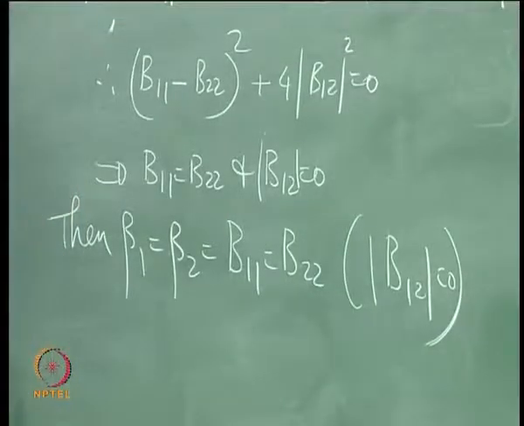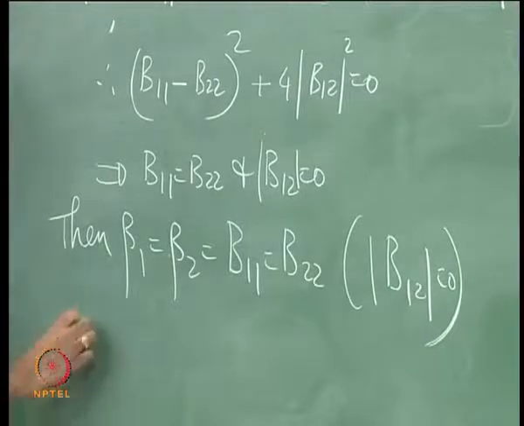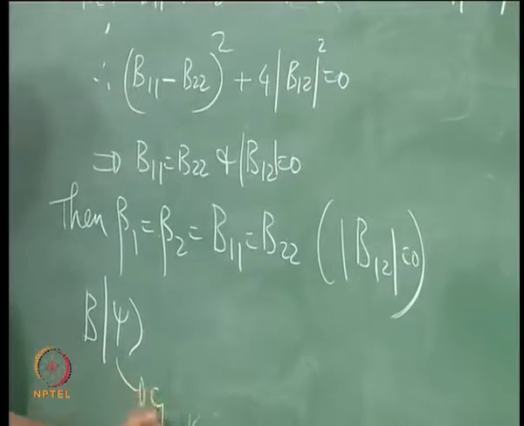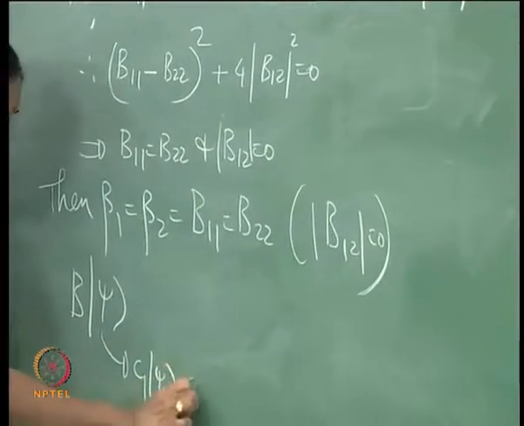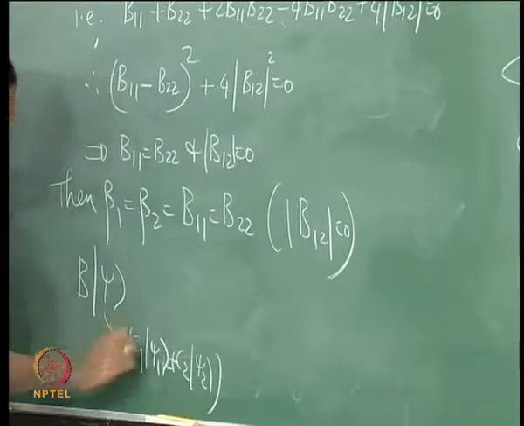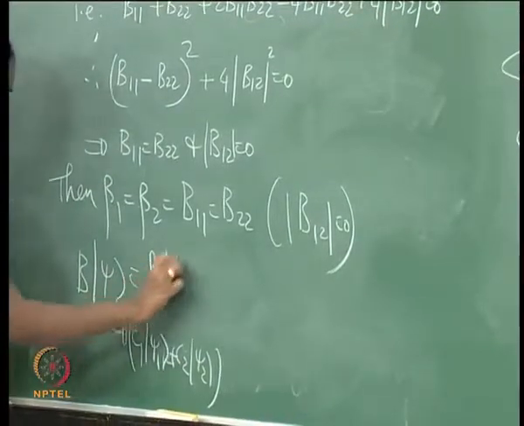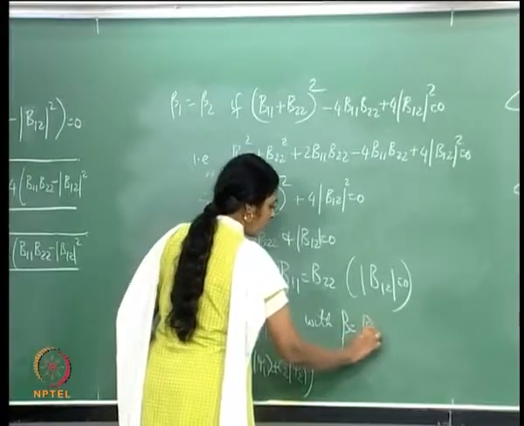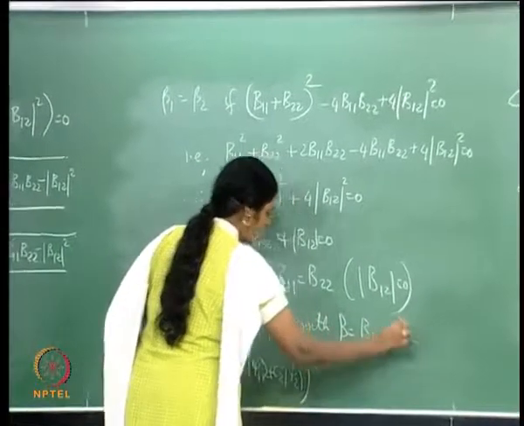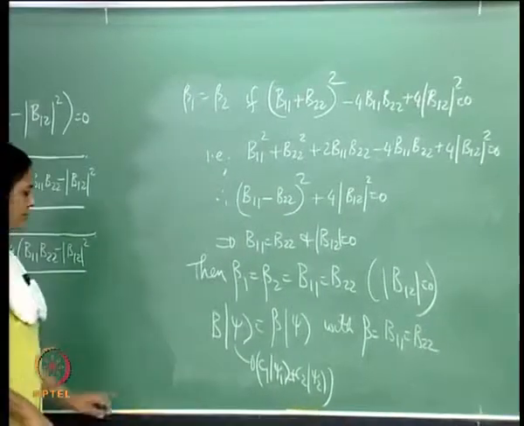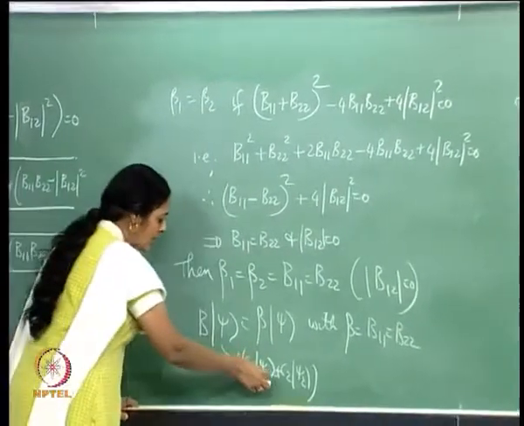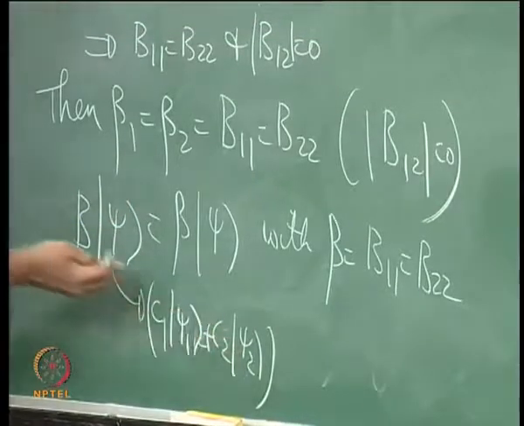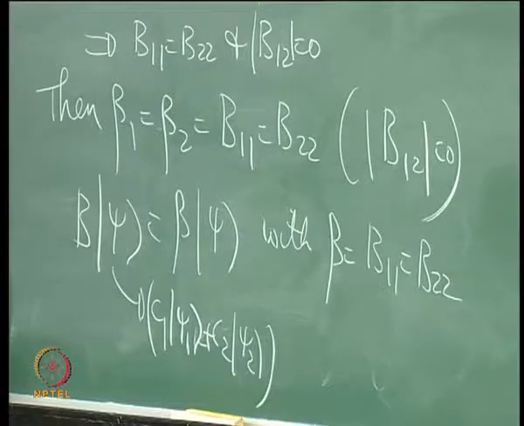And then we have shown, therefore, that B psi, this psi was a linear superposition C1 psi 1 plus C2 psi 2, is equal to beta psi with beta equal to B11, which is the same as B22. Clearly it follows that psi 1 is an eigenstate of B with eigenvalue beta, and psi 2 is an eigenstate of B with eigenvalue beta.